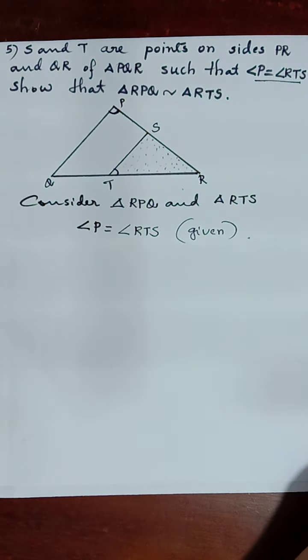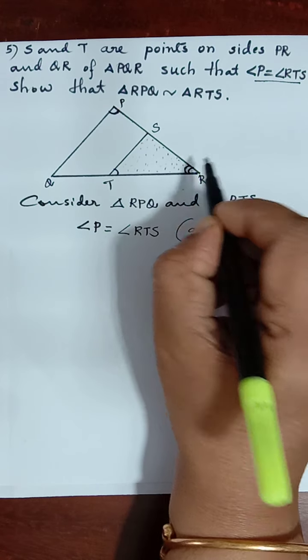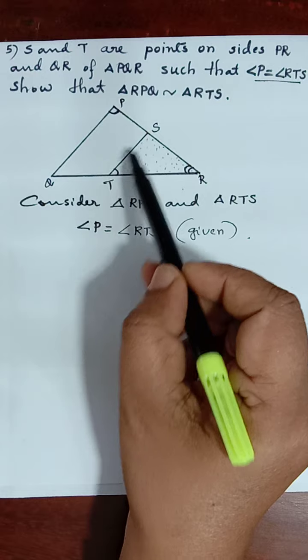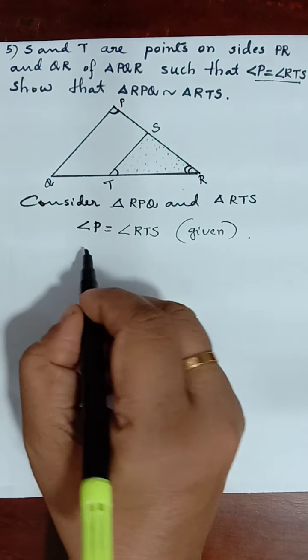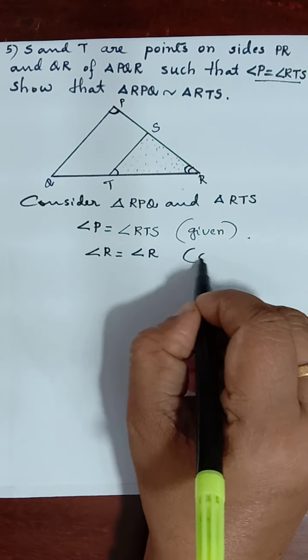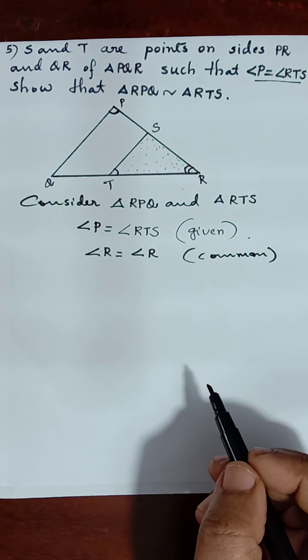One A is satisfied. Let us think of the second A. Do you find a common angle for both of them? Don't you have R as common for the triangle PQR as well as for triangle RTS? So angle R is common for both of them.